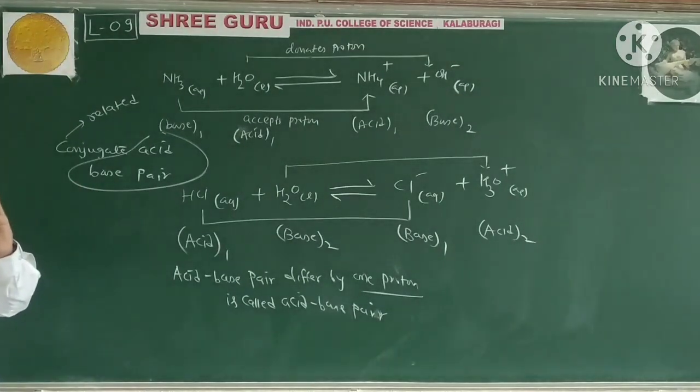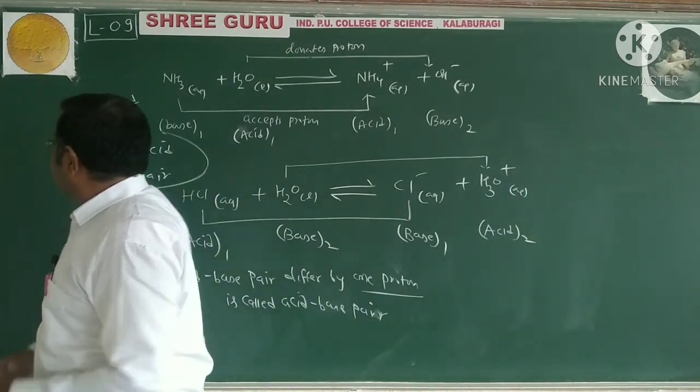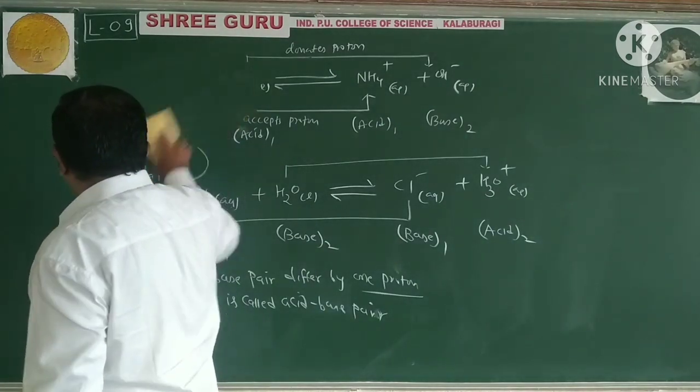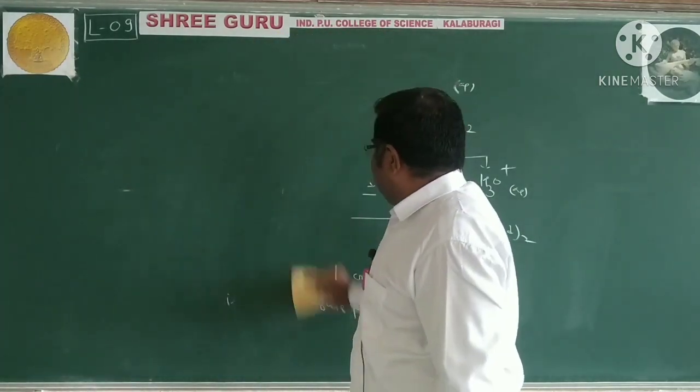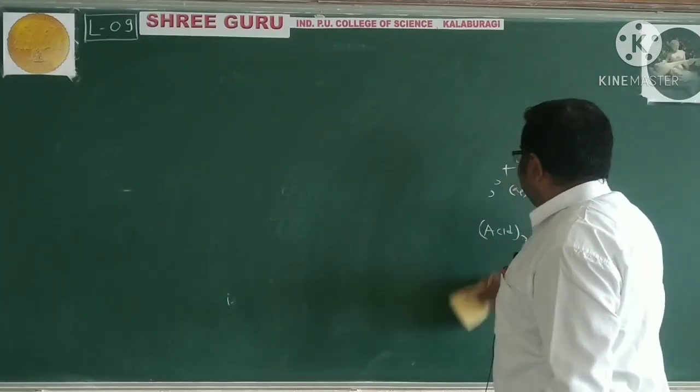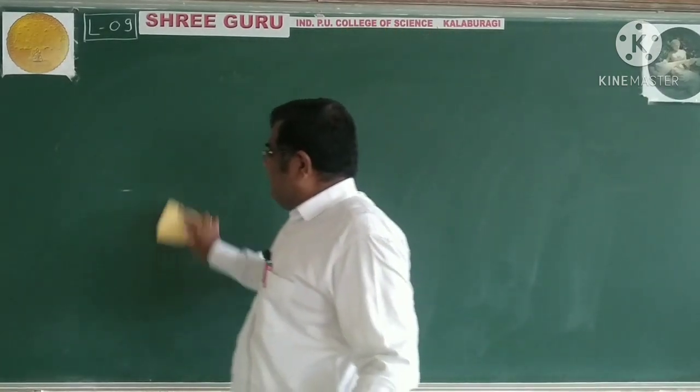Now can you identify the acid and base in it? We'll make one question here, because this type of question is exactly asked in exams. So see what question I am writing here.